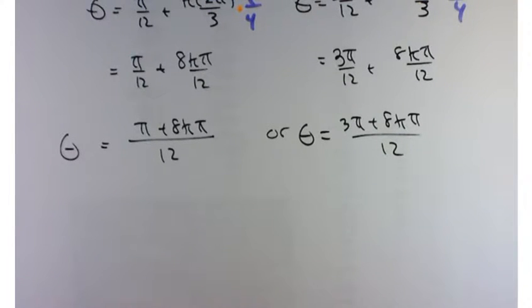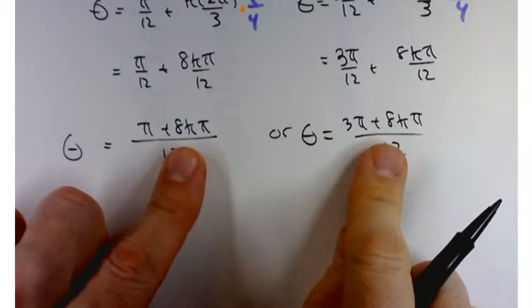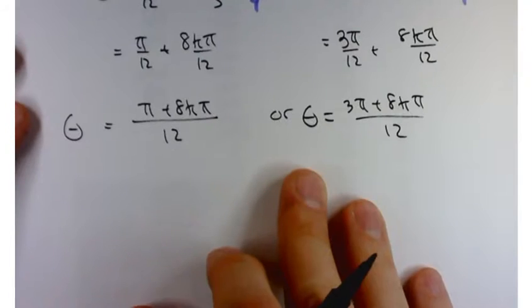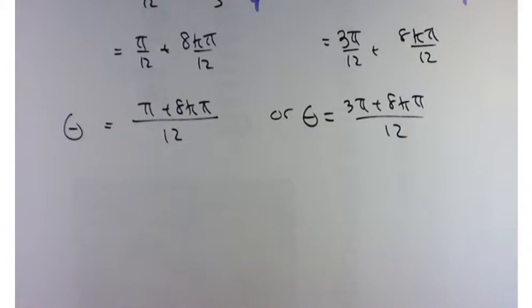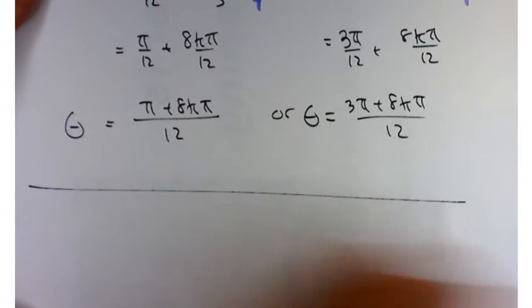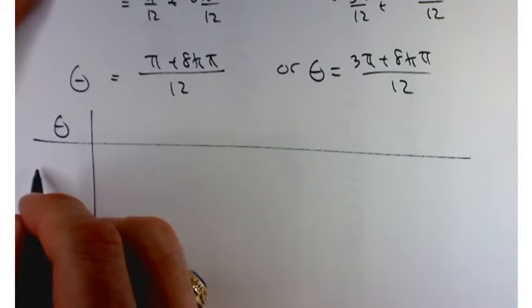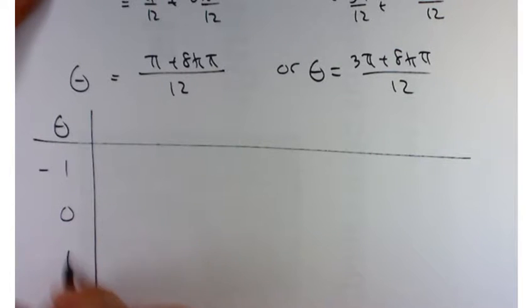These are your general solutions. You can get any number of solutions you want from here. So we can plug in integer values for k and get as many solutions as we need. Let's do what we did the last time, and that is find 6 particular solutions. Just for variety here, let's substitute in -1, 0, and 1.